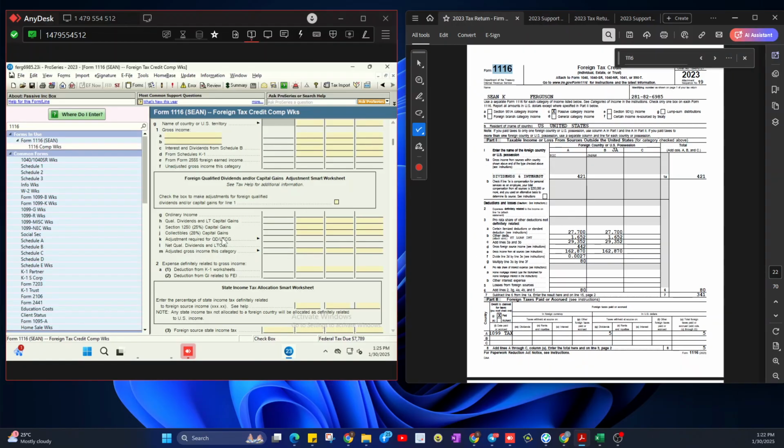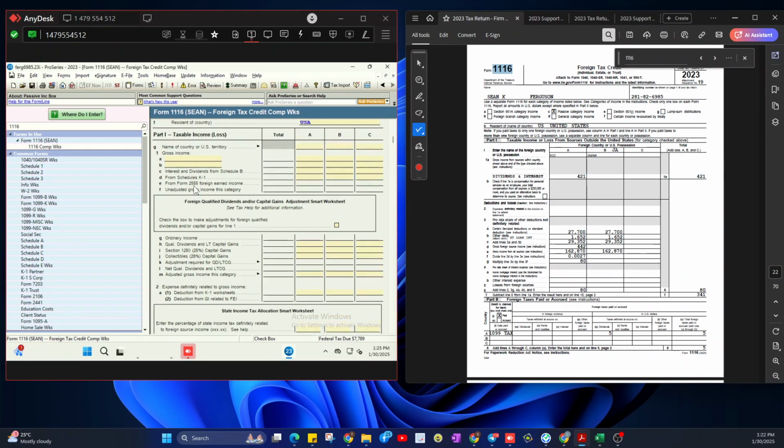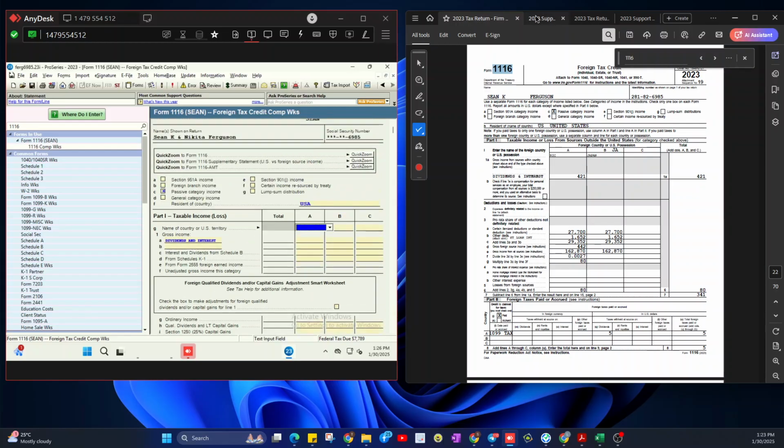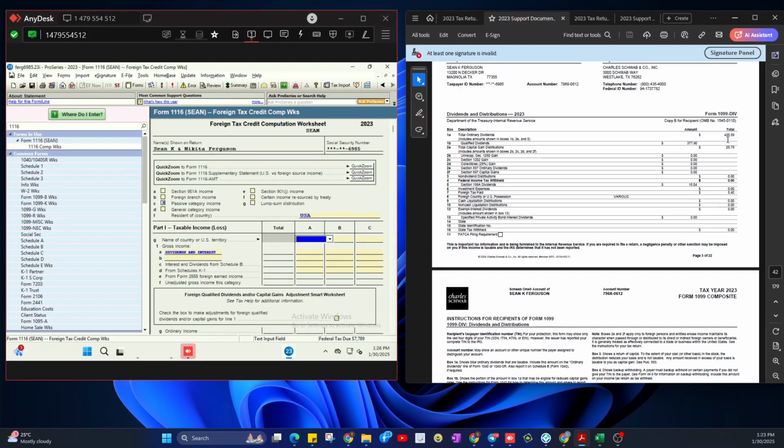So you have to put here in 1B or 1A dividends and interest. And then indicate here the amount, which is up here, total ordinary dividends, 421.